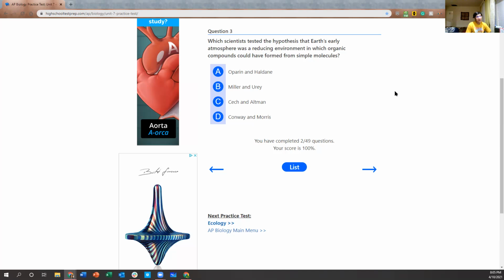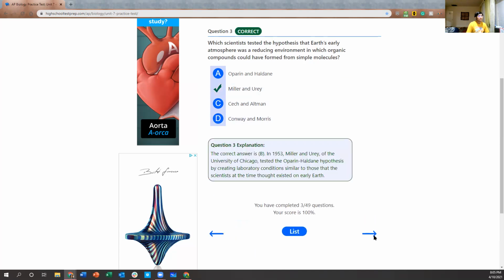And then if you strike it with maybe lightning or electricity, you could produce organic compounds from the inorganic compounds. You could produce amino acids and stuff. So that's the Miller-Urey experiment.